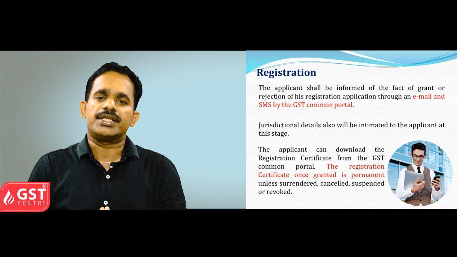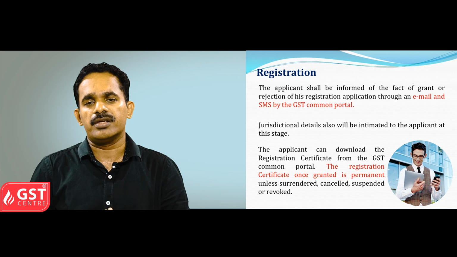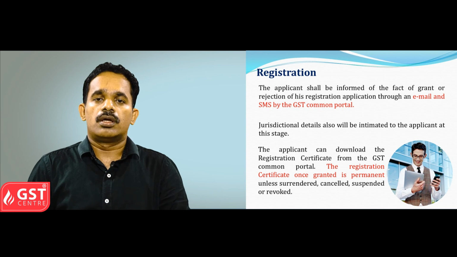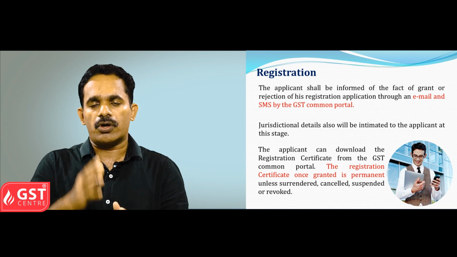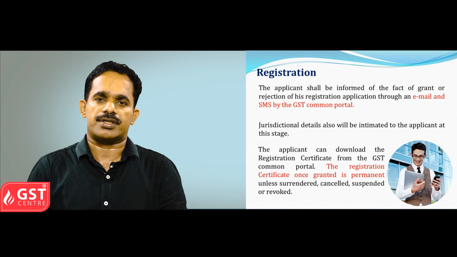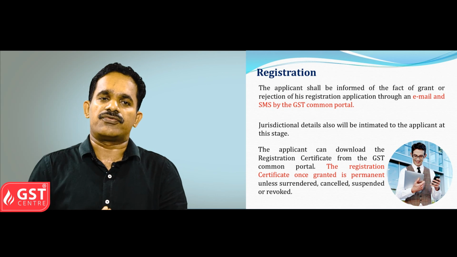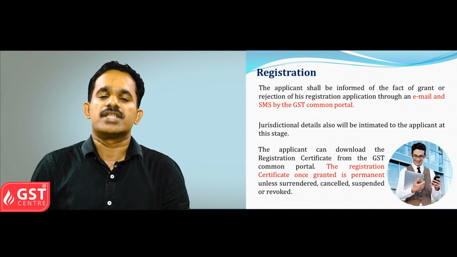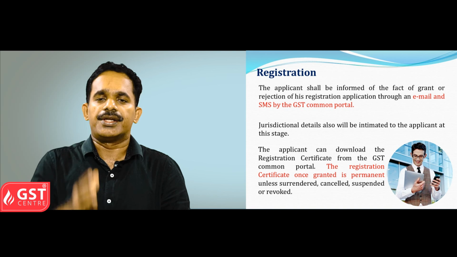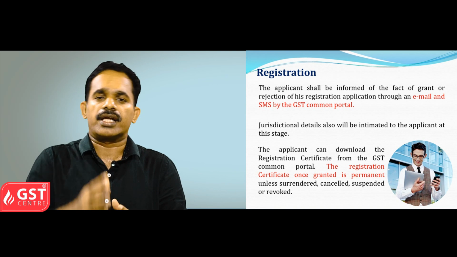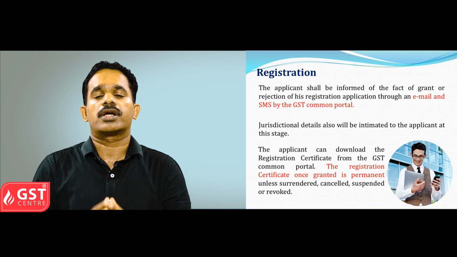The jurisdictional details also will be intimated to the applicant. The applicant can download the registration certificate from the GST common portal. The registration certificate, once issued, is permanent unless it is cancelled, surrendered, suspended or revoked.